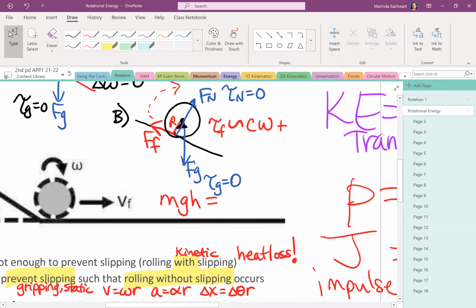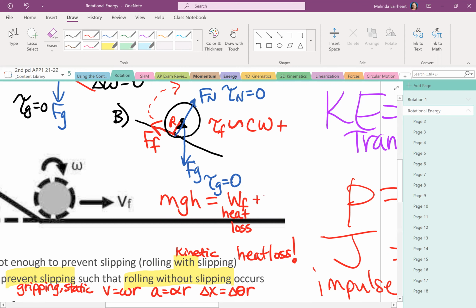Now, in here, we don't get into Q or MCAT. That's not in AP1. So our heat loss is going to be work done by friction. And so this is our heat loss. Now, you can show it as a subtraction on the left-hand side, or you can say all the energy we start with gets turned into these types of energies, one of them being the heat loss, okay?